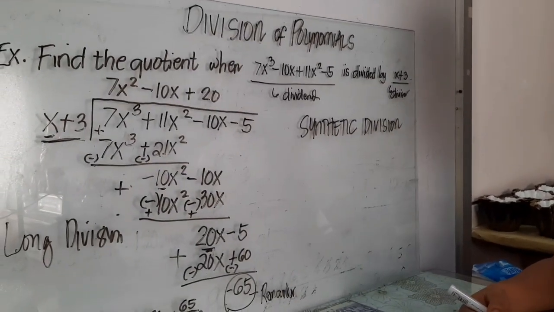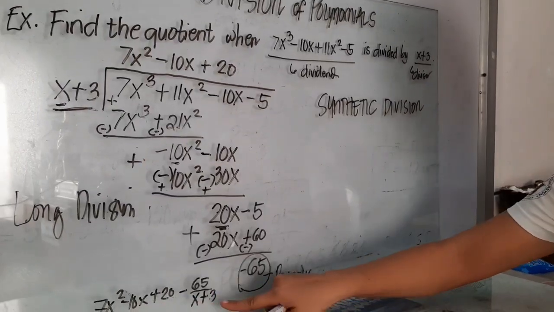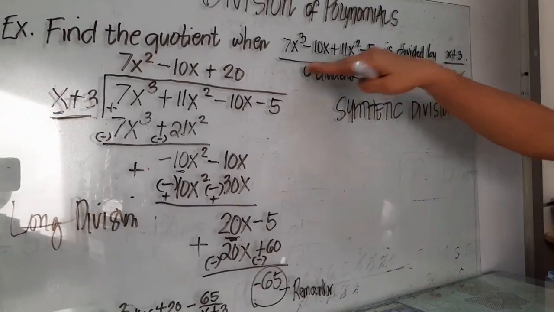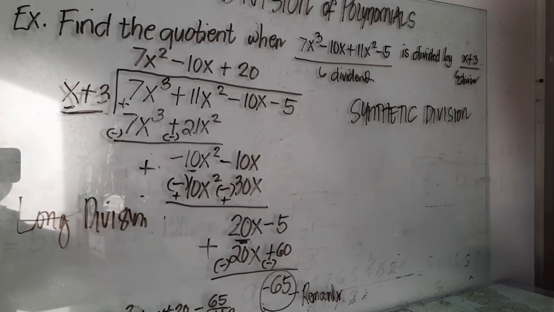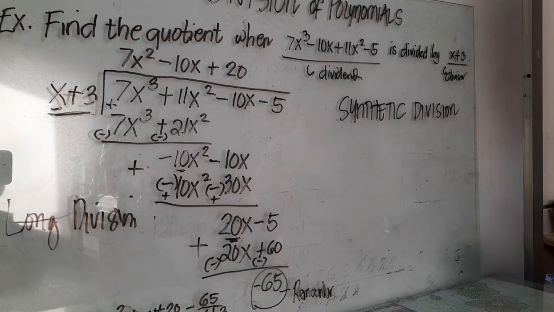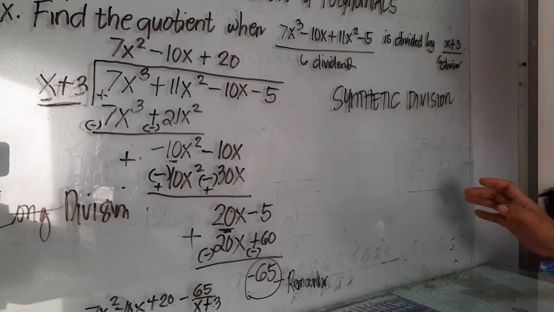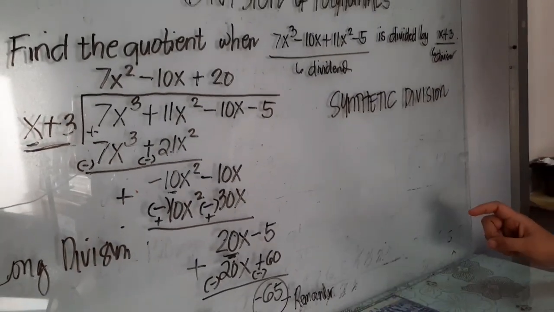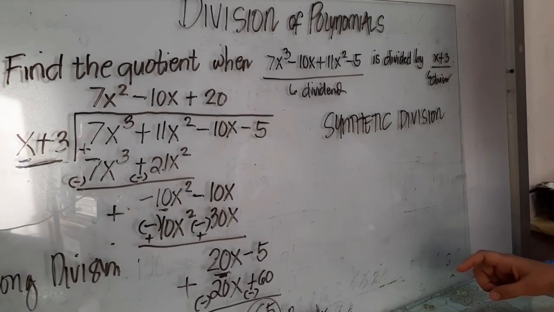We are going to find out if we will arrive at the same quotient using synthetic division, given the same problem that we have right now. So are you following? Okay, this is very crucial, so it's very important. The first thing you will be doing is you have to always arrange your dividend in decreasing order or in standard form.